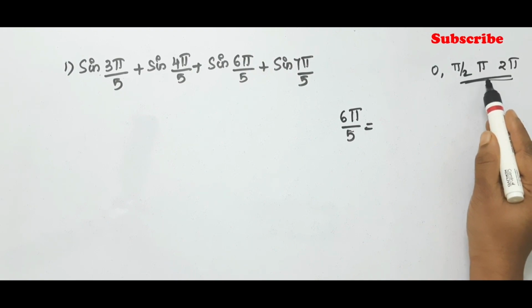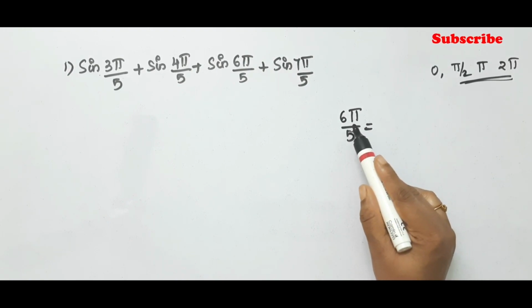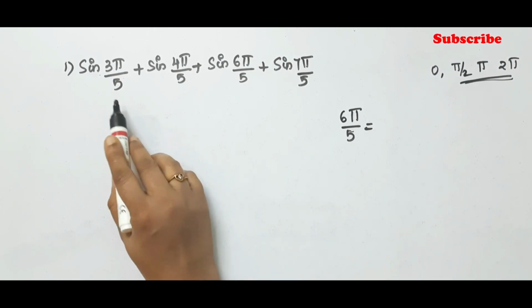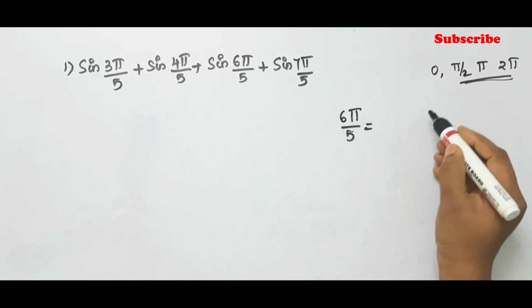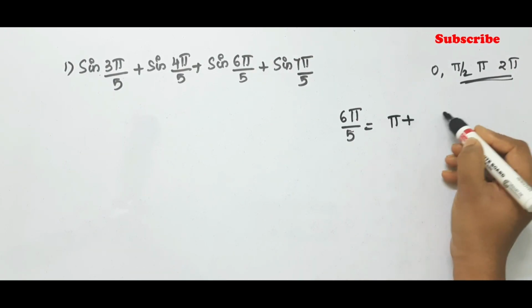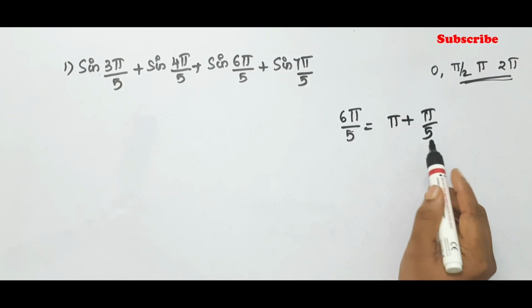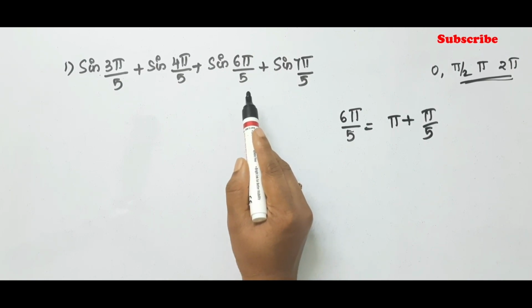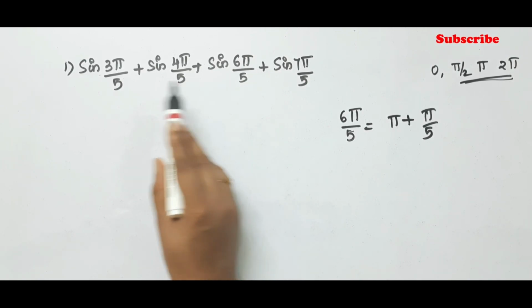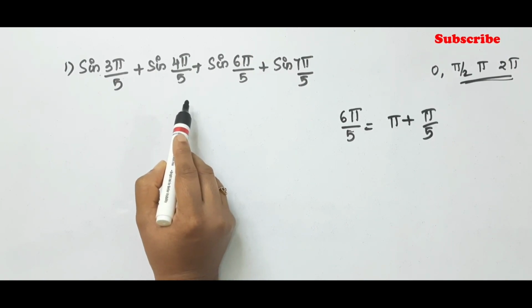If we take pi plus pi by 5, we can get 6 pi by 5, but there is no pi by 5 in the result. Understood? If we substitute here, there is no chance that we can get sine of either 3 pi by 5 or 4 pi by 5, is it not?